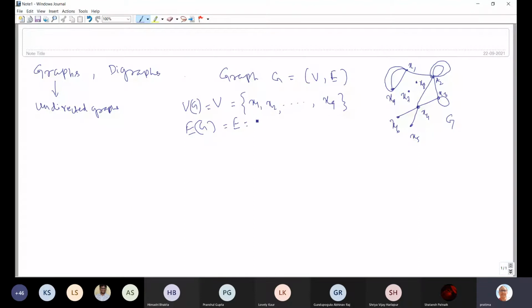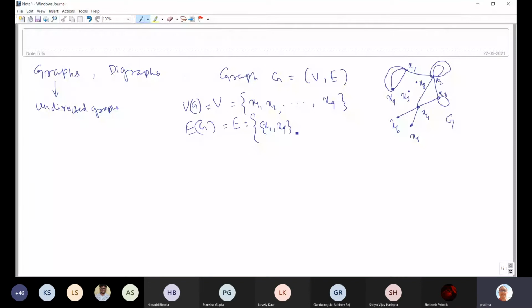Here the edge set is a multi-set. This edge x1 to x9 appears 3 times. This edge is repeating, and each repetition is taken into account, therefore we call it a multi-set.